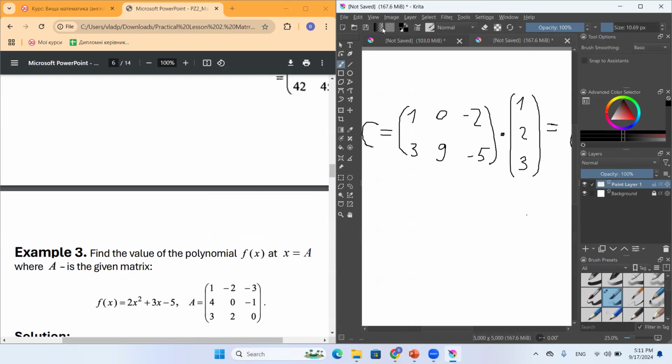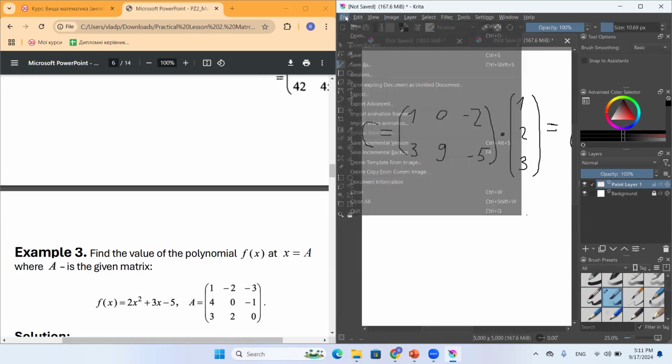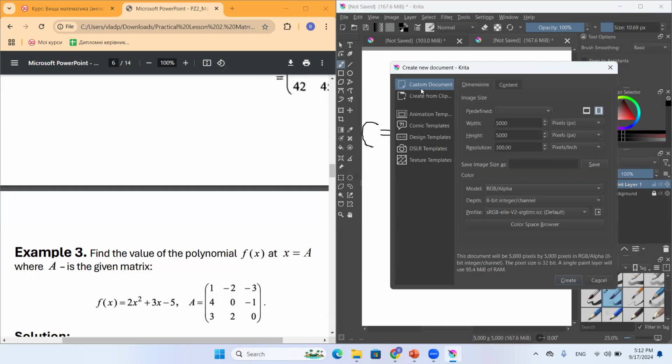Because there are a lot of calculations, firstly we will just raise the matrix to the power of 2. Why is it so slow?